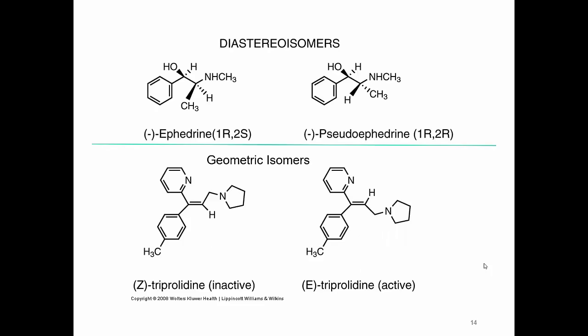Ephedrine and pseudoephedrine are examples of diastereomers. It has two stereocenters. Notice in ephedrine it's 1R,2S, and in pseudoephedrine it's 1R,2R. So as it turns out, this position here is considered 1, the way this is numbered, where the OH is very important for activity and potency in these types of compounds.